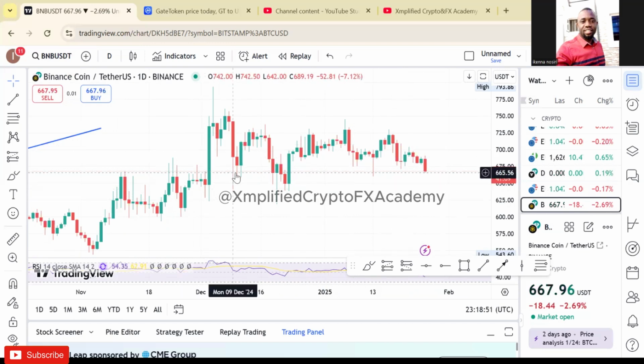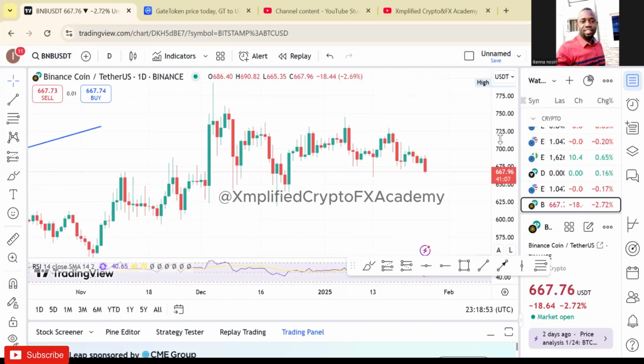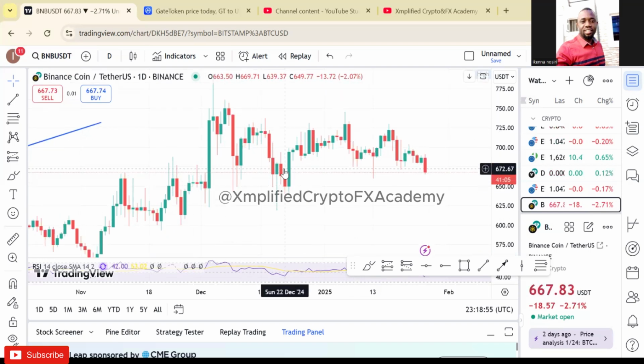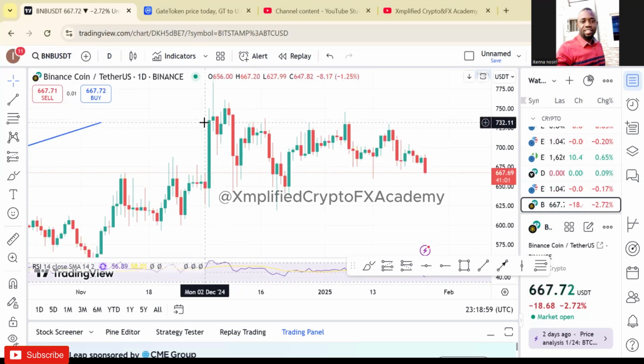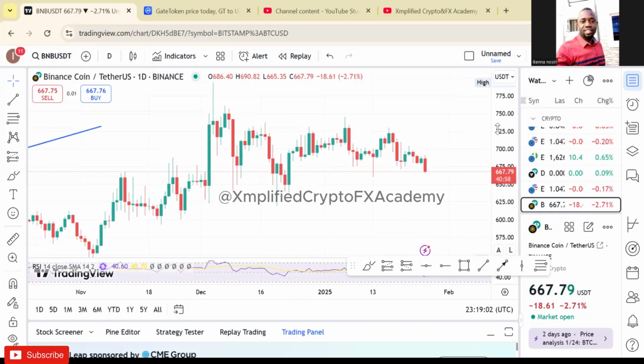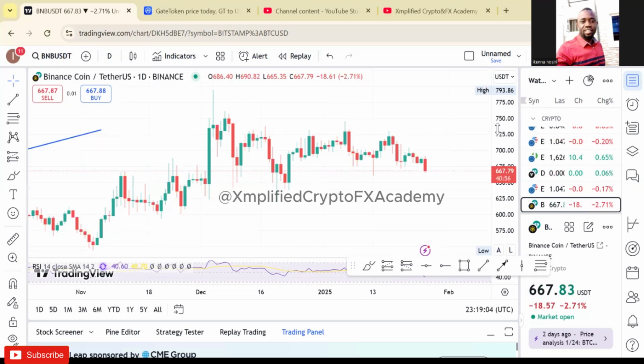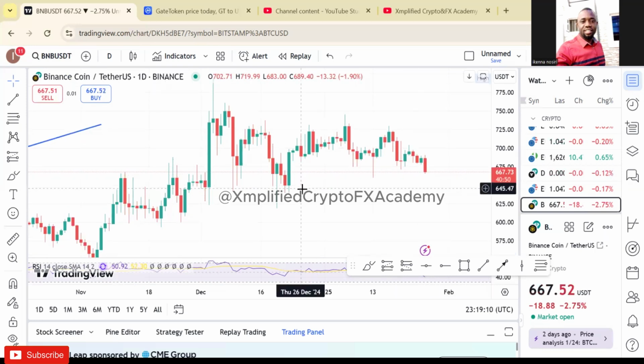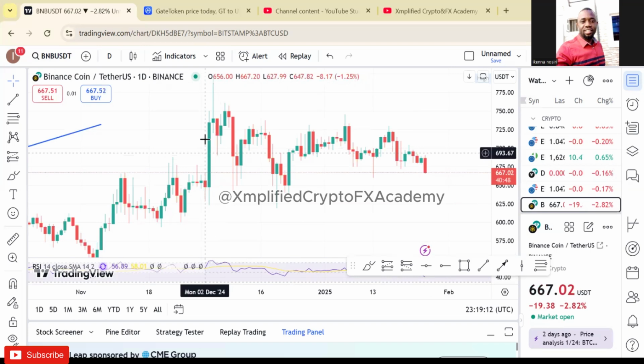What this candle does is that it records the transactions, the buy and sell transactions that happened over a period of time. From here to here is called something.